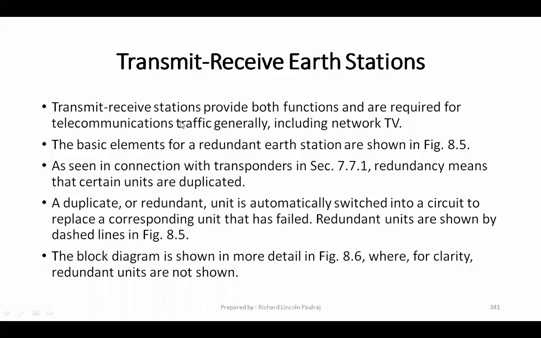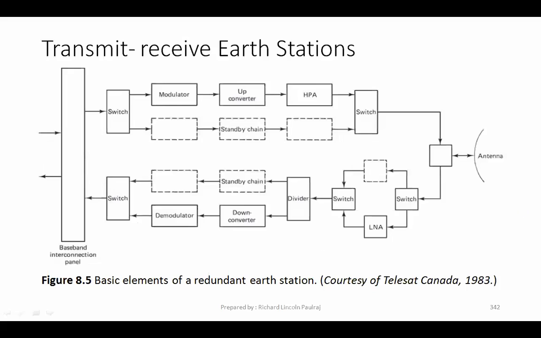So the transmit receive stations provide both functions and are required for telecommunications traffic generally, including our network TV. The basic elements for a redundant earth station are shown in this figure. Here you can see the basic elements where we use a switch, and then we use a modulator.